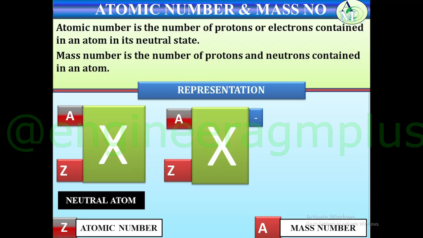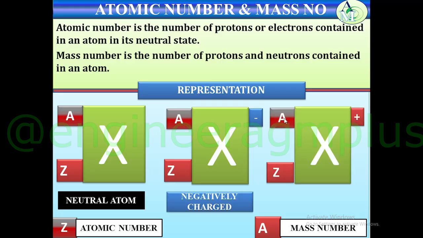And for case 2, we have the atomic number of an element that is negatively charged. Most often than not, these elements are non-metals. Remember, we have the atomic number written down and the mass number written up.